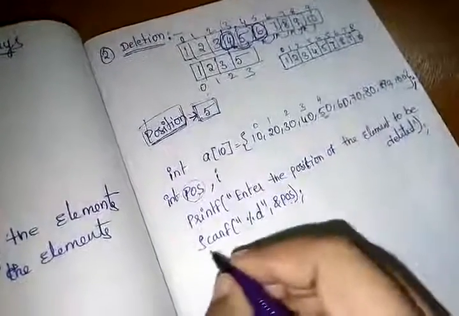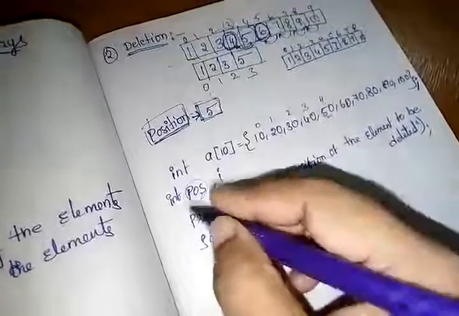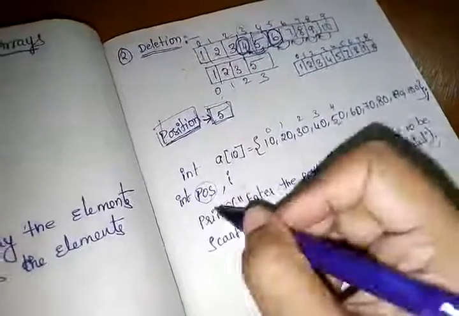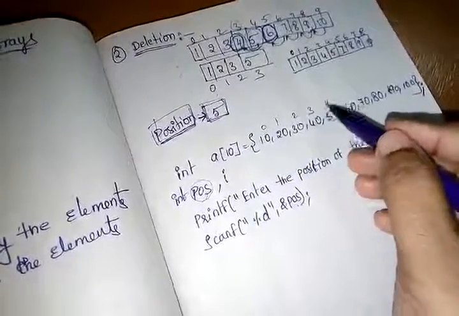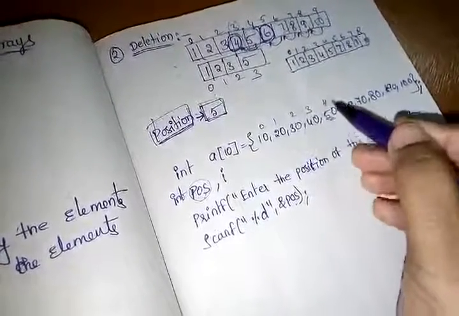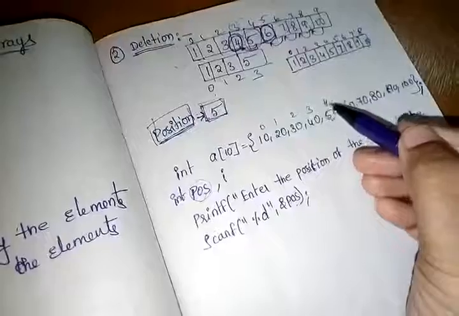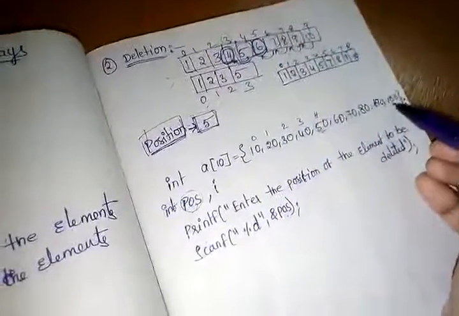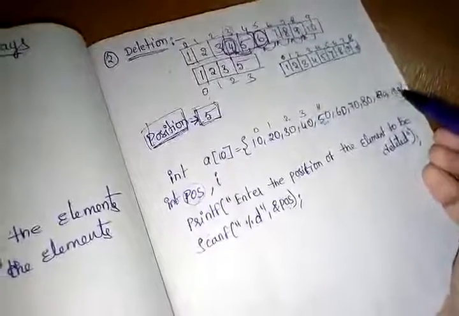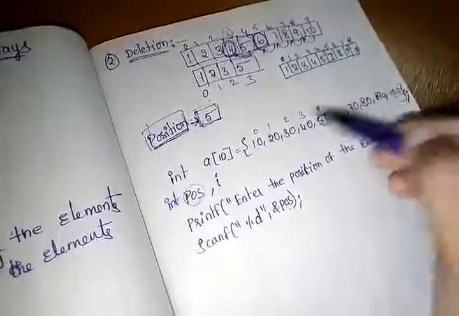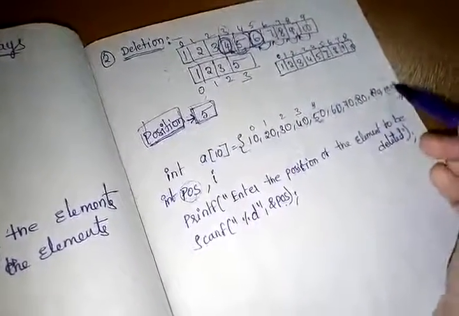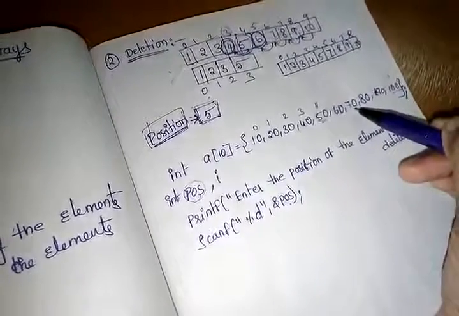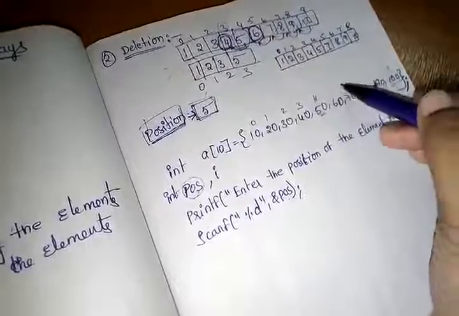So if I give position 5, I need to make that value 4, because the fifth element's index is position minus 1, that is 4. If I want to eliminate the last element, the 10th element, its index would be 9. If I want to eliminate the 7th element, its index would be 6.